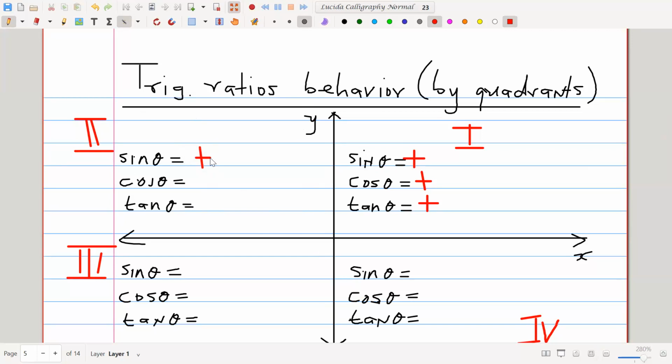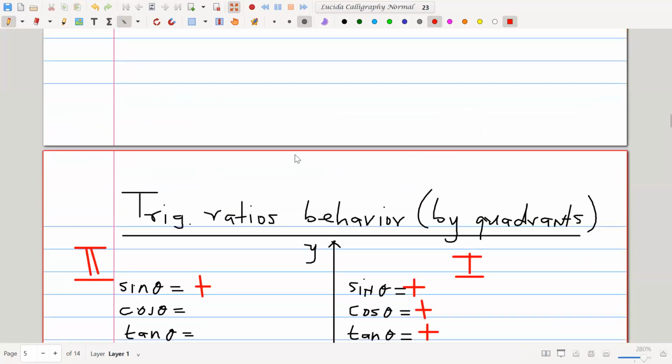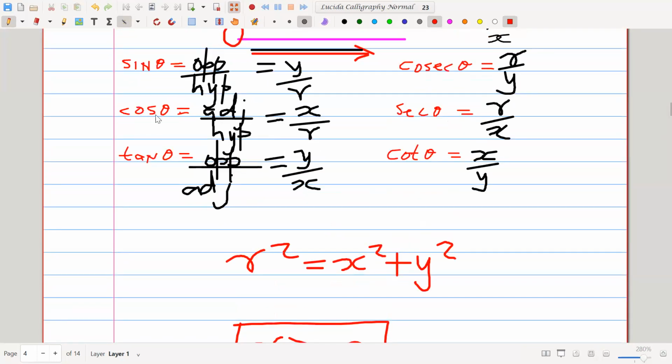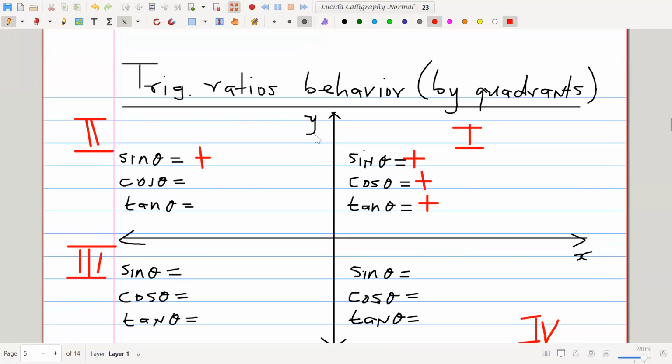Going to the cosine now, things will change. Why? Because cosine is defined as x over r. So that means here in the second quadrant, you'll have negative values of x. So if x is negative, knowing exactly that r is always positive because it's our hypotenuse, it simply means here the cosine is negative.